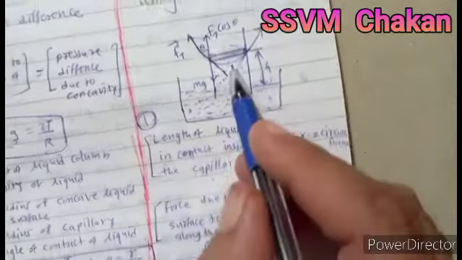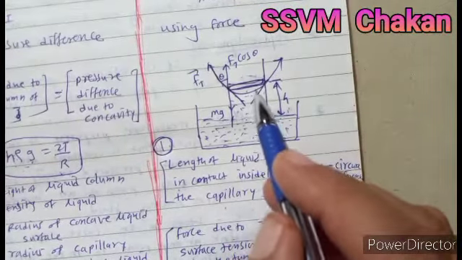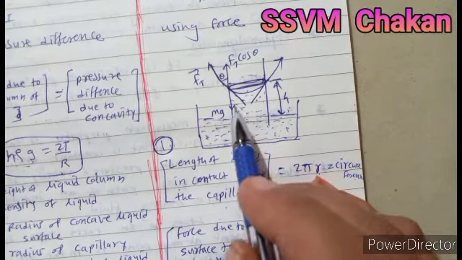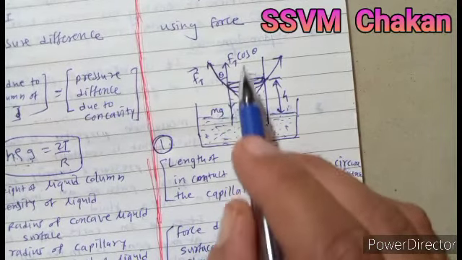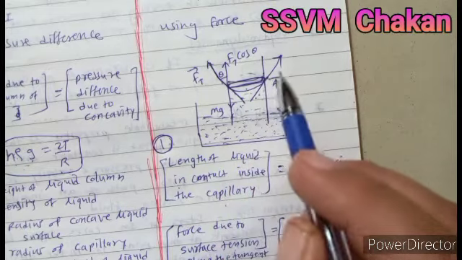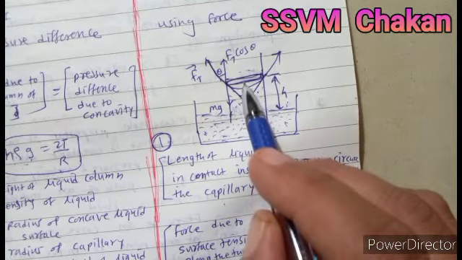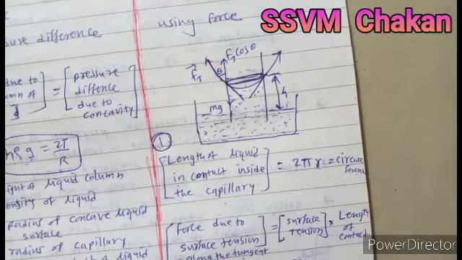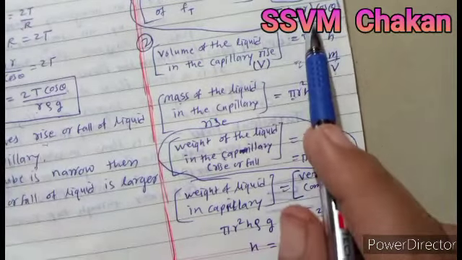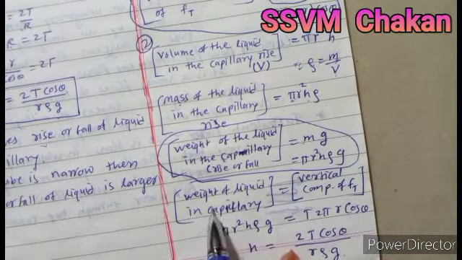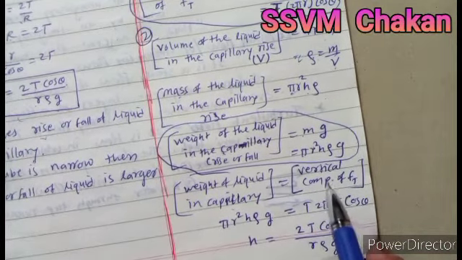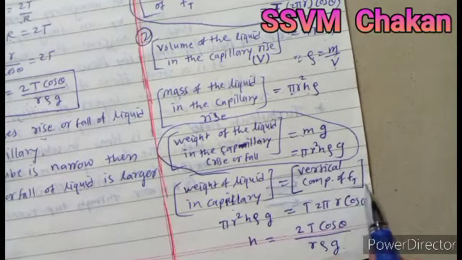This total weight of the liquid inside the capillary is balanced by this upward force, that is the vertical component of Ft. So we equate both, equating equation 1 and equation 2, that is, the weight of liquid in the capillary is equal to the vertical component of Ft.